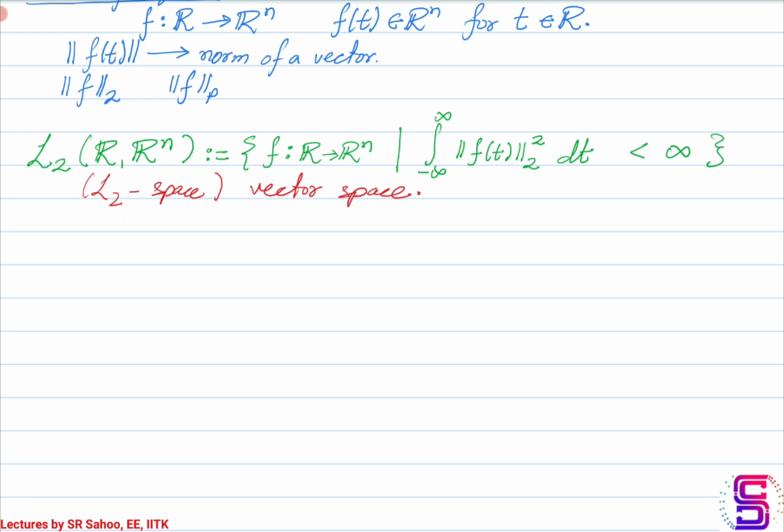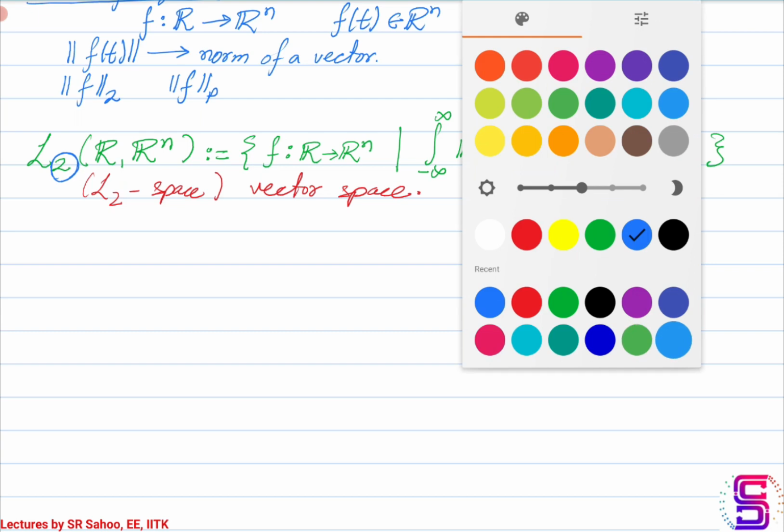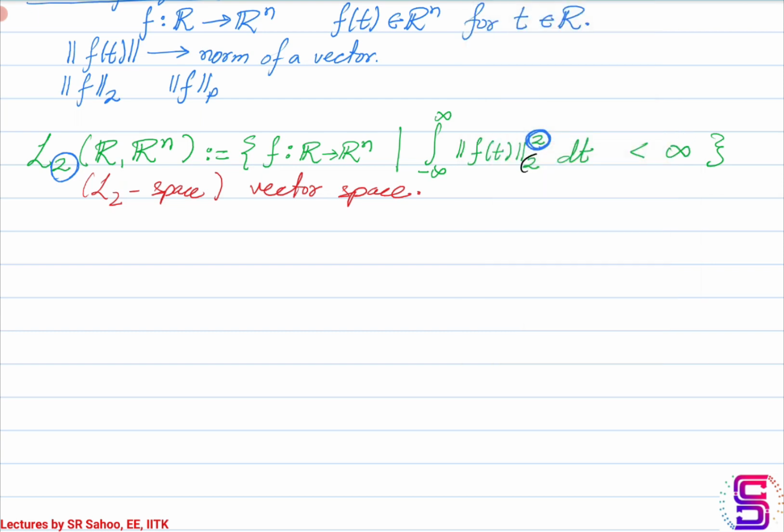Now the 2 that you see appearing in the subscript of the L corresponds to the 2 that you have taken here. If I say L3, then the norm of f of t has to be raised to the power 3. But the 2 inside the norm, this can be any norm.